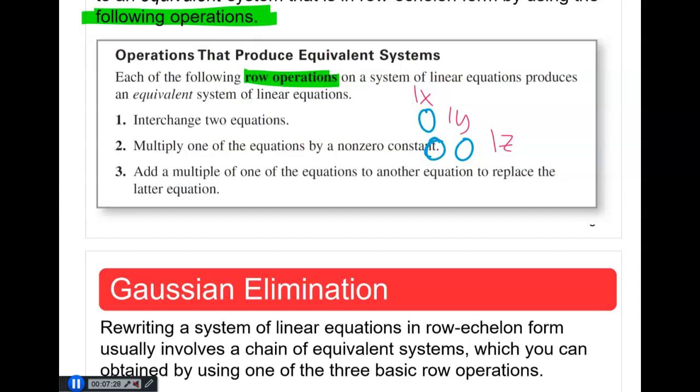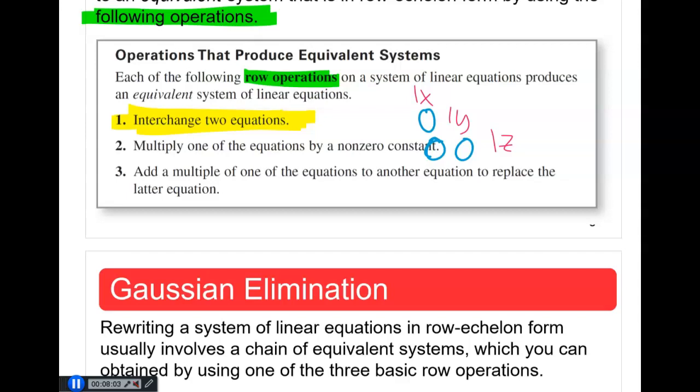That's why sometimes the first equation might just have y and z, and it might be more convenient to put it in the second row. I am not a big fan of interchanging because you're more likely to make a mistake, but you're free to do so if it is convenient.